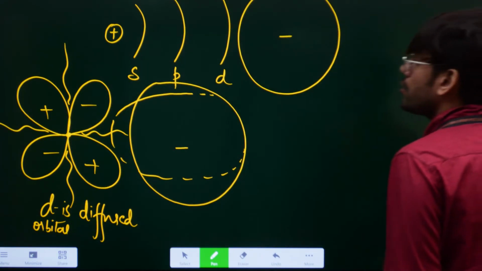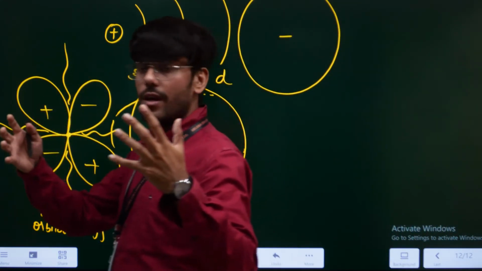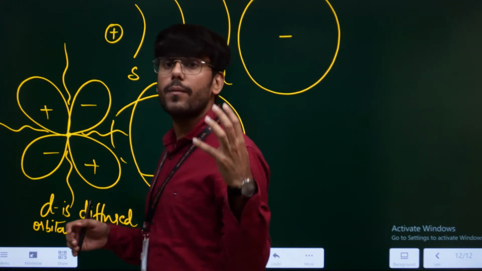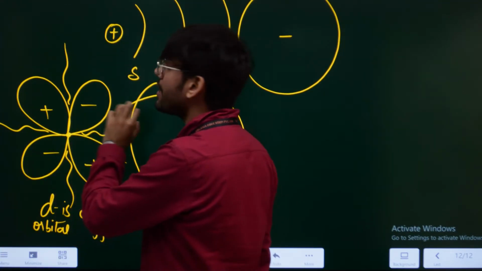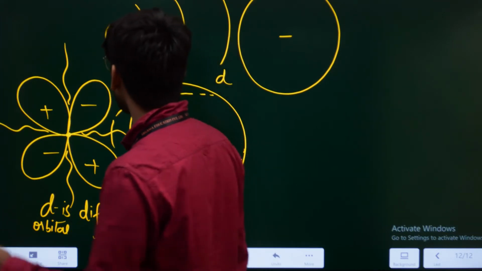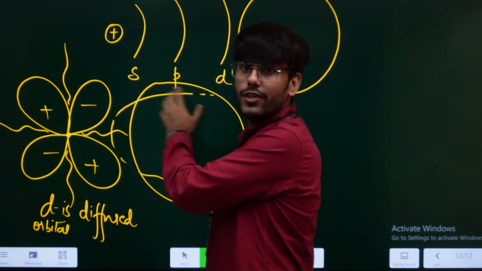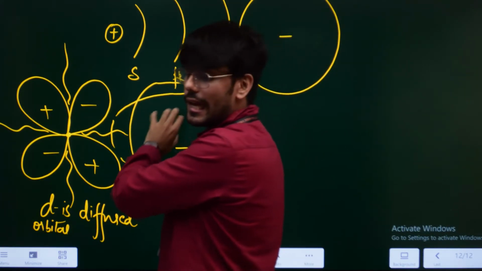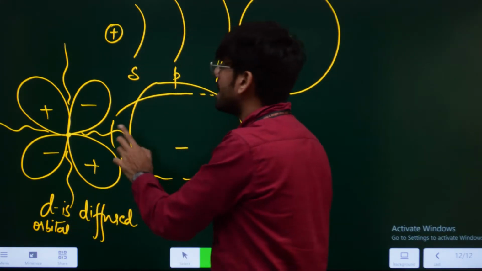Yes, sir. So the more diffused the orbital, the more leakage of the nuclear charge it undergoes, and that nuclear charge is pulling the electron cloud of the anion towards itself.